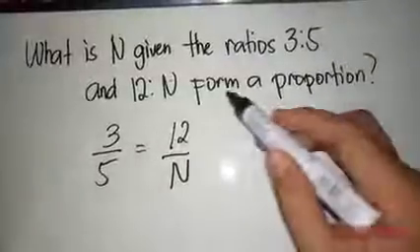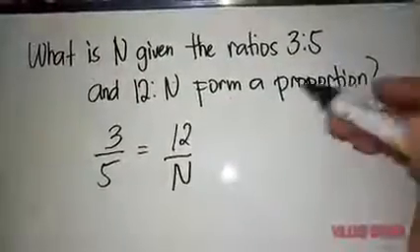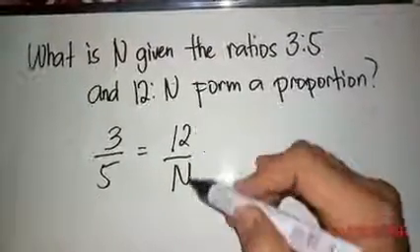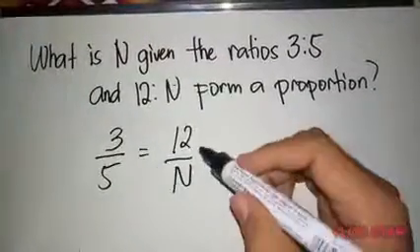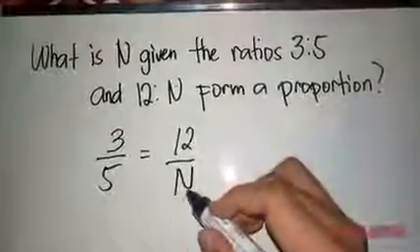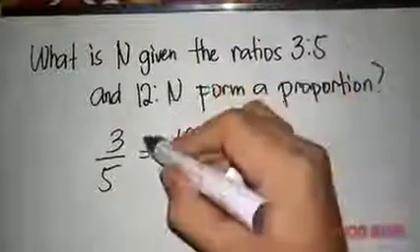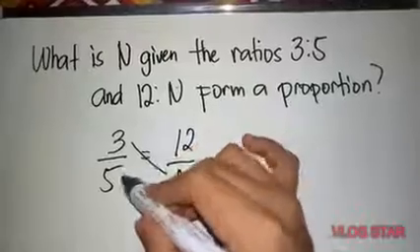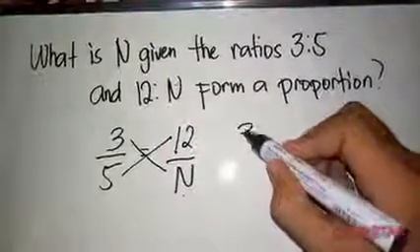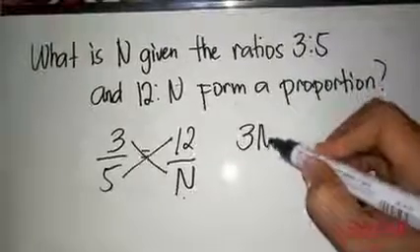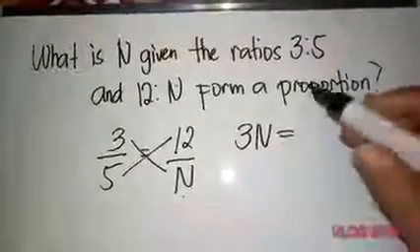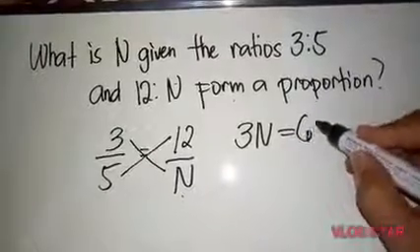I put an equal sign because they form a proportion, so these two ratios are equivalent. To get the value of n, just cross multiply. 3 times n is 3n. Then 5 times 12 is 60.